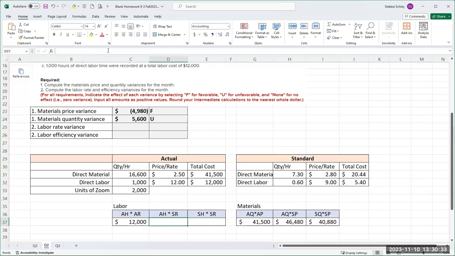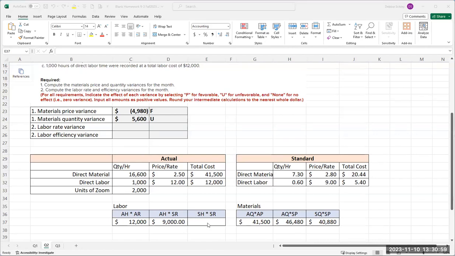My actual hours equals my actual direct labor hours, which they told me in C, times the direct labor standard rate per hour, which is 9. And then my standard hours times my standard rate.